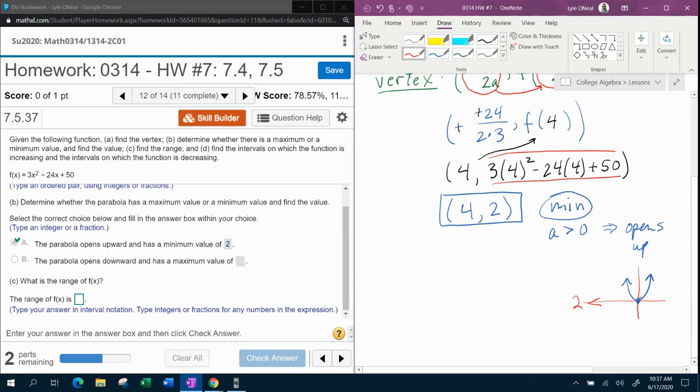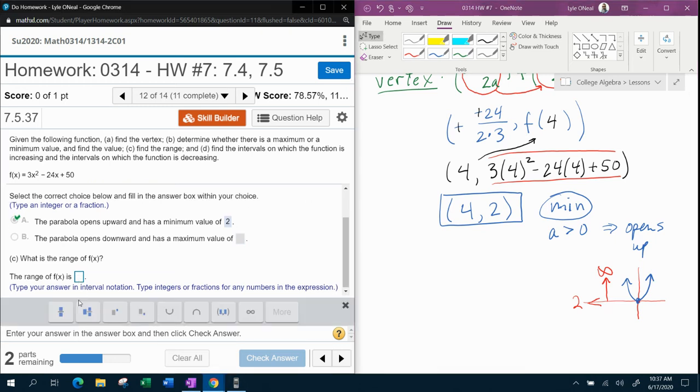And we see that the parabola opens up, which means the y values are going to start at 2 and go up forever. So the range are the values that y can be, and y can be anything from 2 to infinity. Because the parabola opens up, it goes from 2 to infinity.